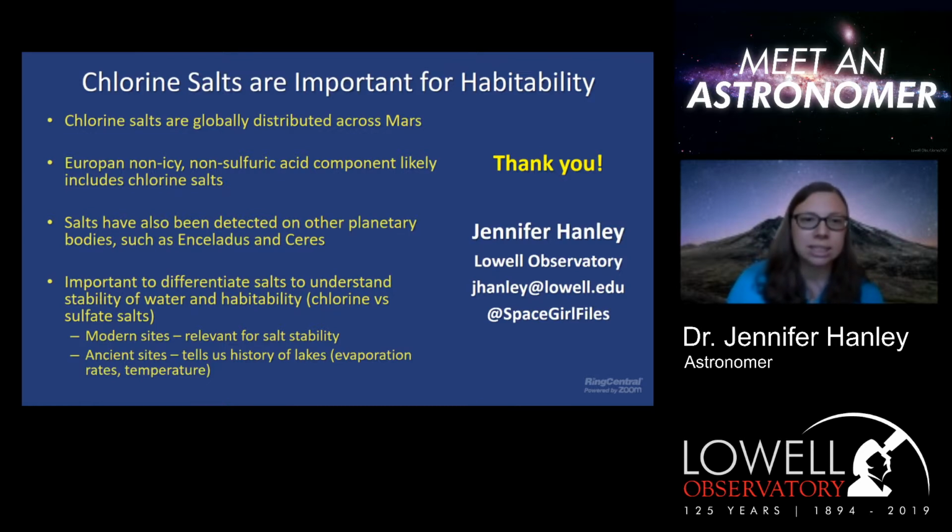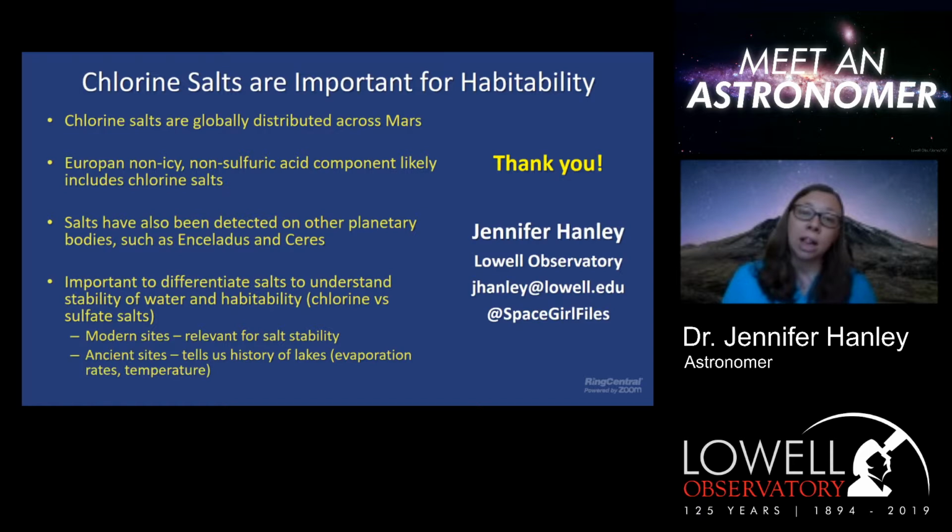Let's see. Keith Holinsky says, it would be interesting to know chlorine salt concentrations throughout our solar system over time. Yeah, so chlorine is an interesting element, and if we think about how likely it is that we find chlorine salts across the solar system versus, for instance, sulfate salts?